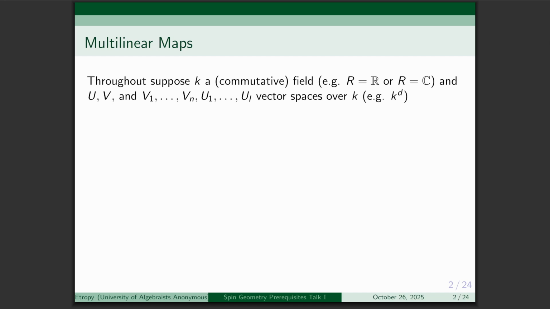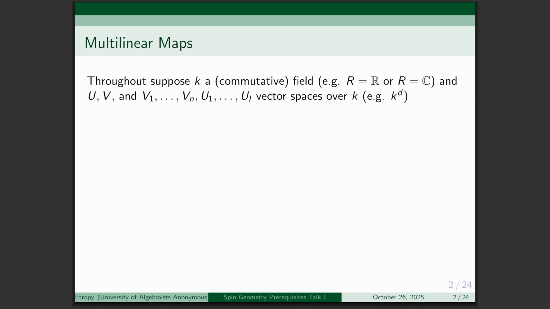So we'll suppose that K is a field, and I wrote commutative, that's what the book does. Historically, many people didn't require fields to be commutative, and they just considered what's now called division rings. But we'll do the theory over commutative fields since it's a bit nicer to work with.